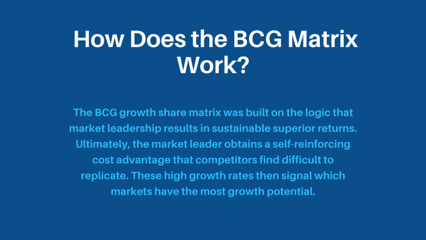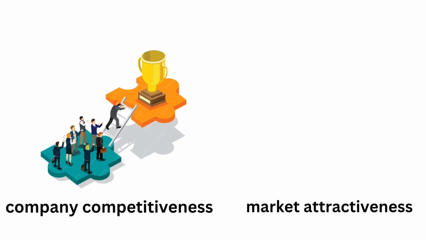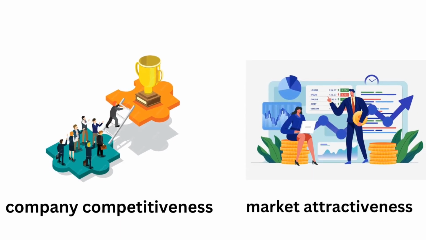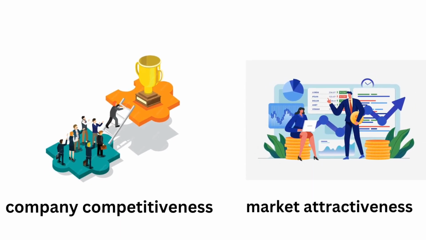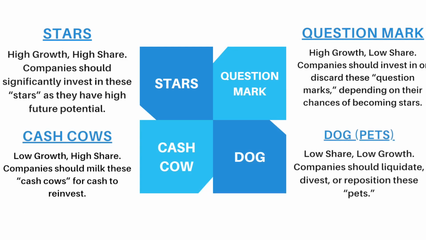The matrix reveals 2 factors that companies should consider when deciding where to invest: company competitiveness and market attractiveness, with relative market share and growth rate as the underlying drivers of these factors. Each of the 4 quadrants represents a specific combination of relative market share and growth. Let's see each one by one.